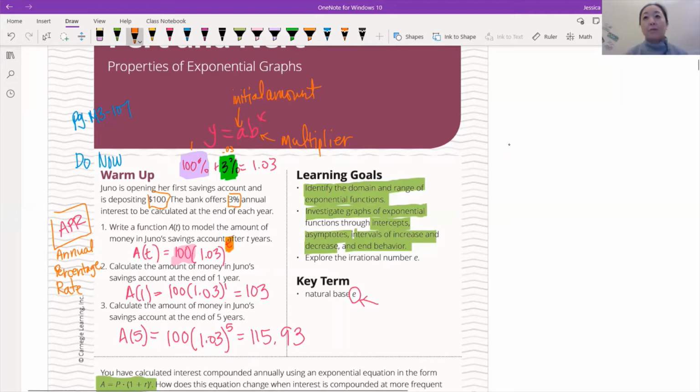So year 0 is $100, right? And then year 1. So after the first year, it's 103. So after year 2, remember, we're not just adding 3. Remember, we're multiplying by 1.03. So we're going to multiply this guy by 1.03.